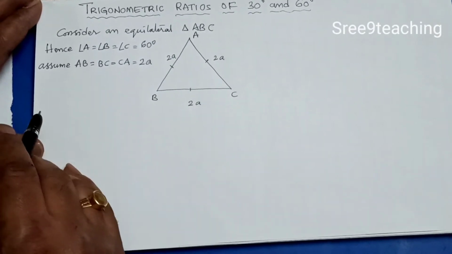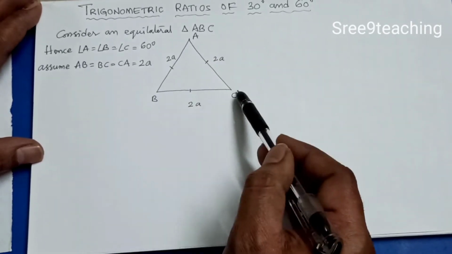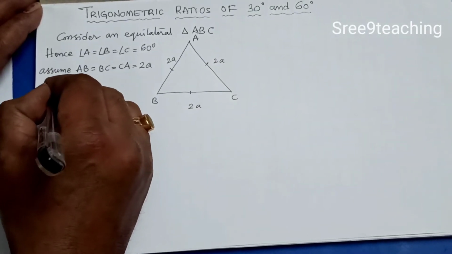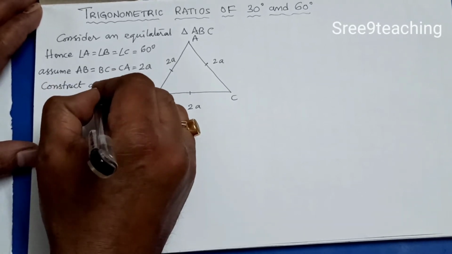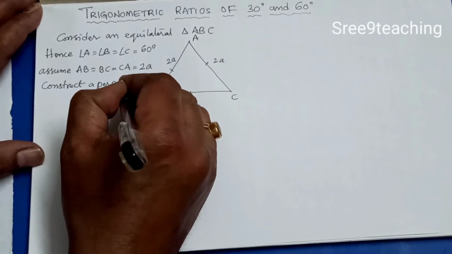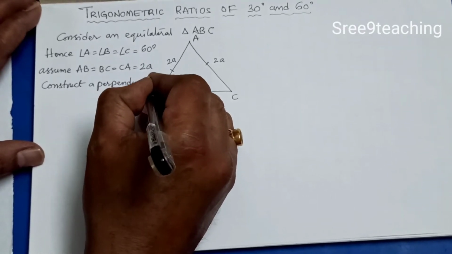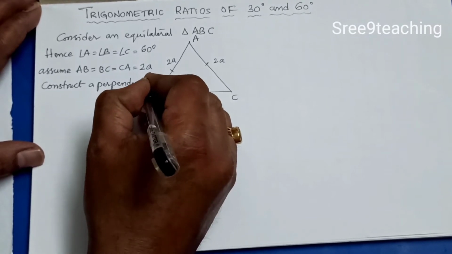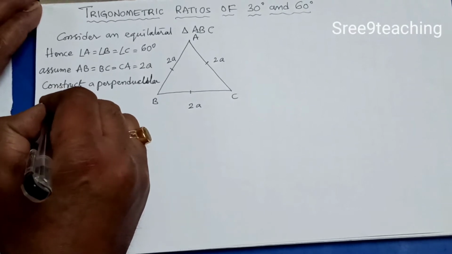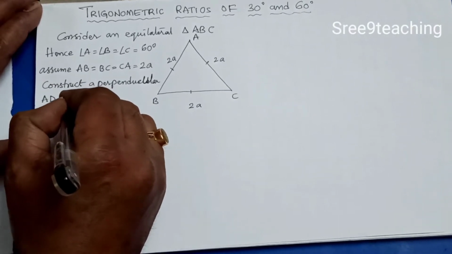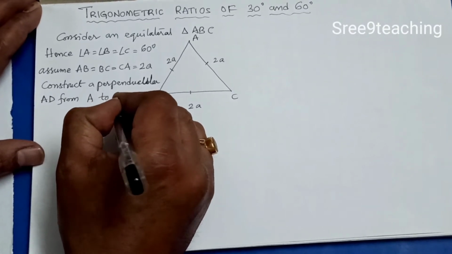Now we are going to construct a perpendicular AD from A onto the side BC. So like this.